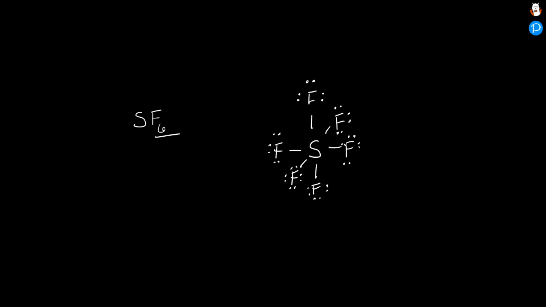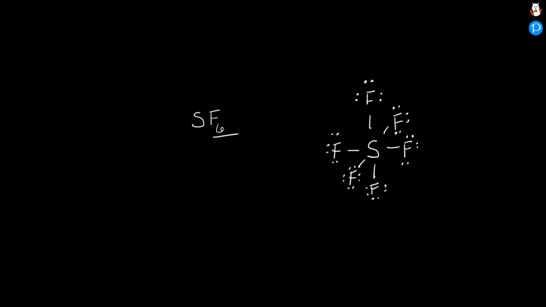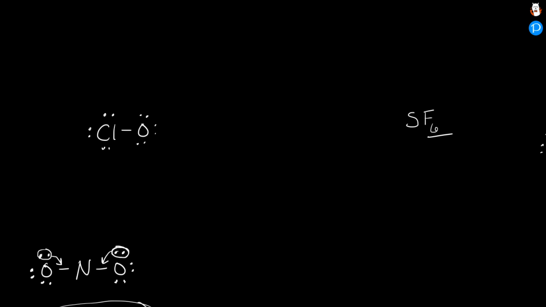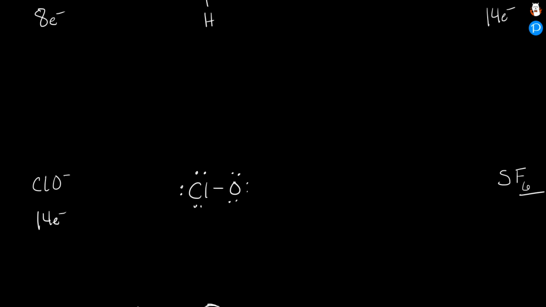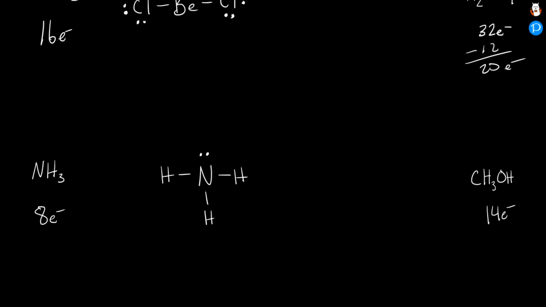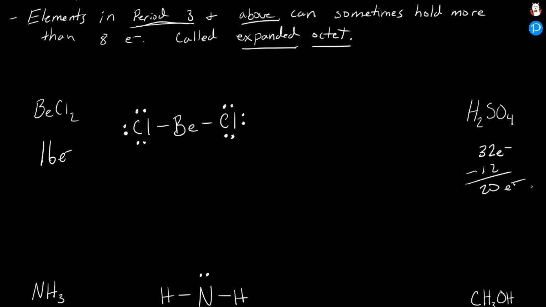And there, I would be done with that one. So hopefully that gives you an idea of how to at least draw these Lewis structures. And in the next video, we'll look at things like resonance and how we can draw different versions of these Lewis structures.